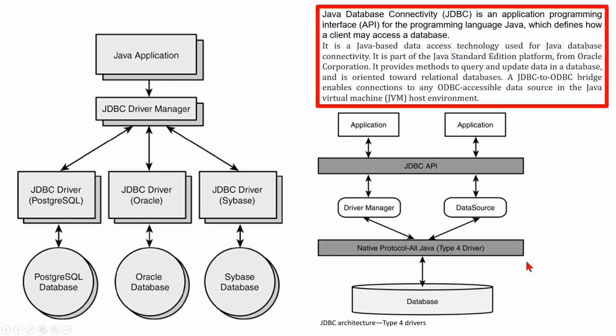They are aware of the underlying protocol used by the database, and they communicate directly with the database without use of a middle layer. JDBC calls are converted into vendor specific DBMS protocols.